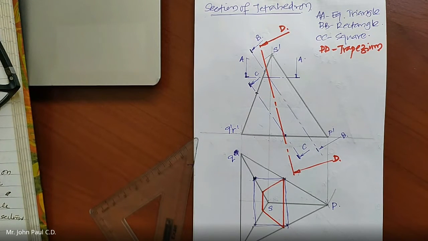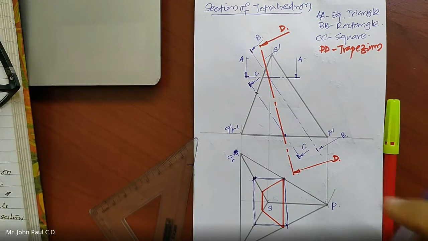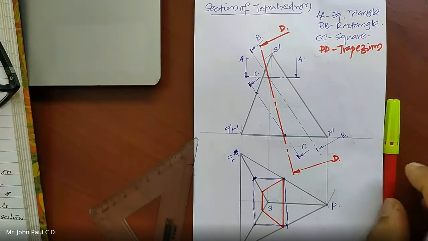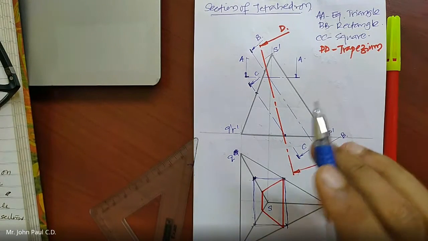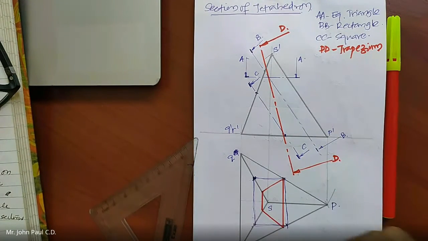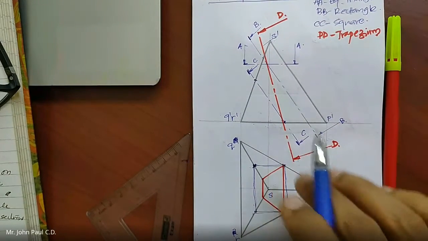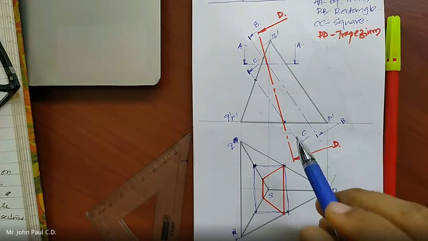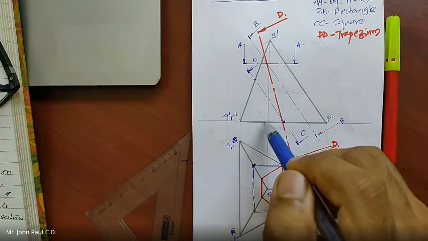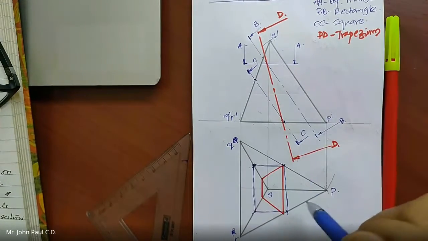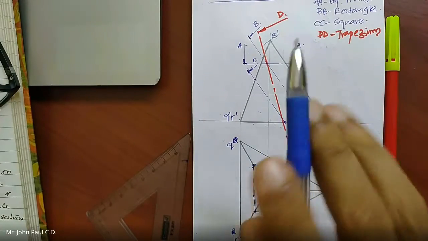And please do remember something. While you draw the tetrahedron, most of the time students make a mistake. They draw the top view correctly with whatever dimension is given. And next, the mistake that you are going to make is to take the height as the same as the base side. It's wrong.